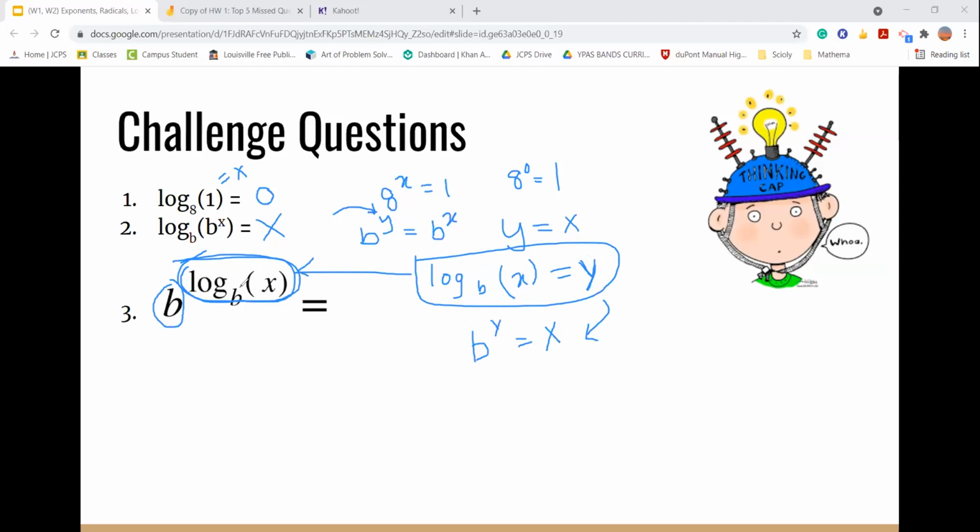So let me explain further, and see if you still have the same question. Basically I replaced this entire thing with y, because y and log base b of x are equal right now. It doesn't have to be y, it can be a or c or something, but I'm just using y. So now my expression turned into b to the y equals something.